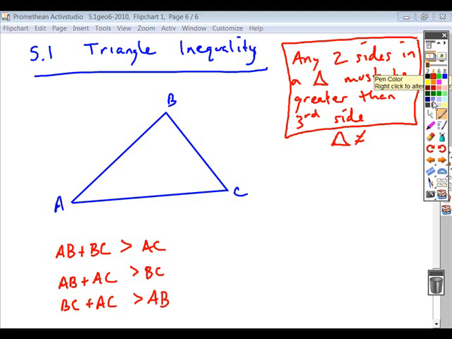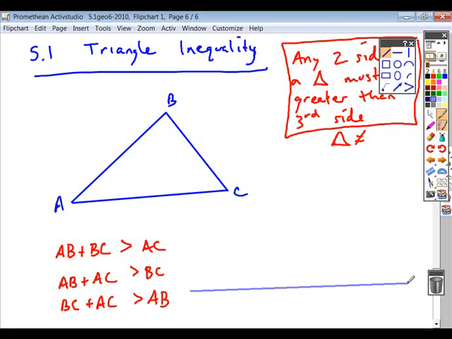Now, it should make sense for these to hold true, because let's say we took side AC and took it away from this figure, and let's say we made AC this length right here.